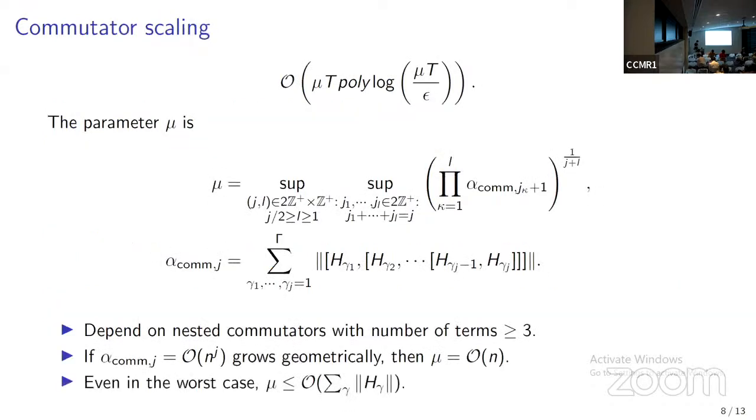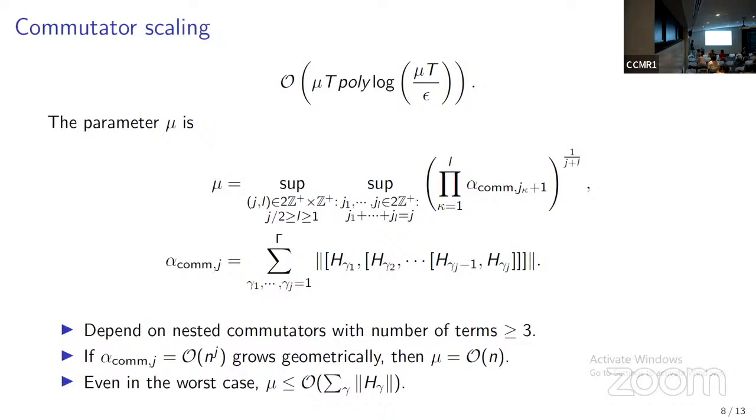For this mu parameter, this becomes a little bit technical. This commutator is defined by another homogeneous commutator factor, which we call alpha commutator J. For this alpha J, it's just the scaling of nested commutators with J many Hamiltonians. So we have H gamma 1 all the way to H gamma J. There are J many simple Hamiltonians, and we compute the summation of the spectral norm of all of these commutators.